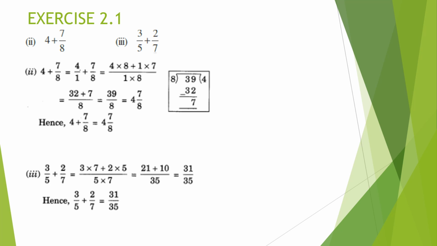So we are getting the first fraction as 21 upon 35 plus 10 upon 35. Now in this step, the denominators are same. So we can add the numerator and keep the same denominator. So we get 21 plus 10 whole divided by 35, which is equal to 31 upon 35, which is the required answer.